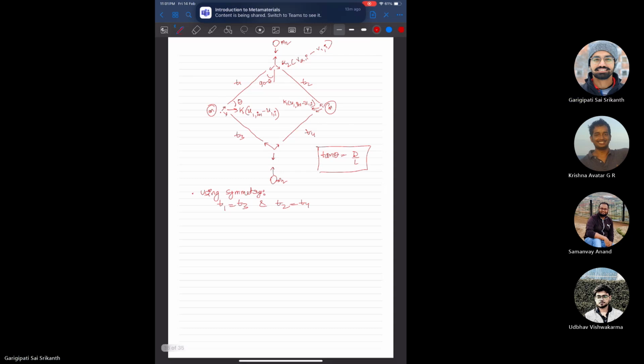Then further, T1 plus T2 into cos of 90 minus theta is equal to K2 into V2 minus V1.